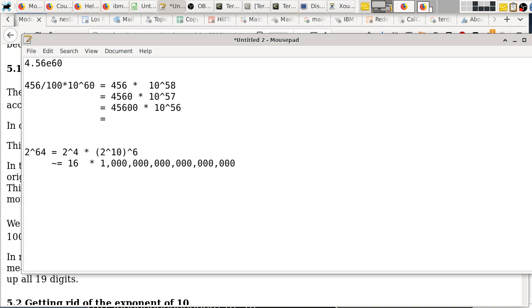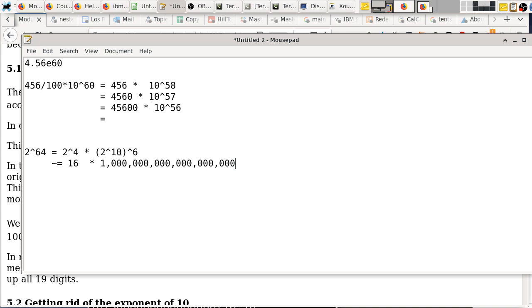Okay, there we go. How do I know that? Because 2 to the power of 10 is 1024, and I say, that's close enough to 1000. Okay, what is 1000? 1000 is 3 zeros in base 10. So since we have 1000 or 1024 to the power of 6, I say, it's close enough to 1000 to the power of 6, and that's why we have 18 zeros.